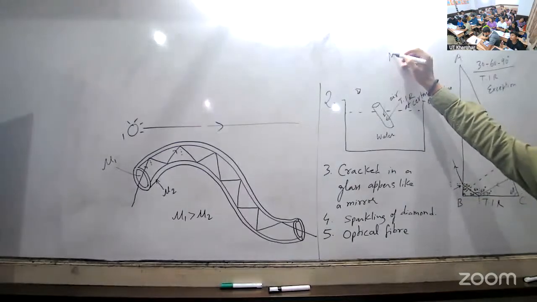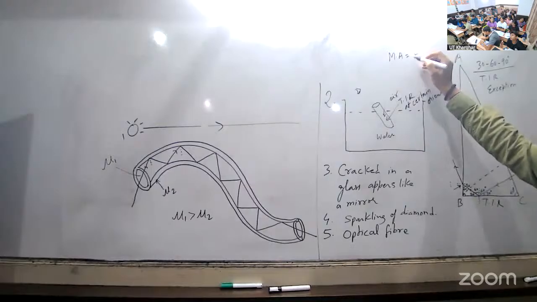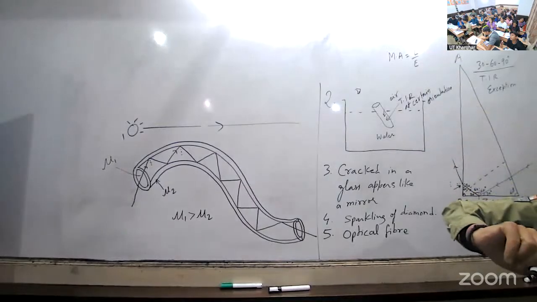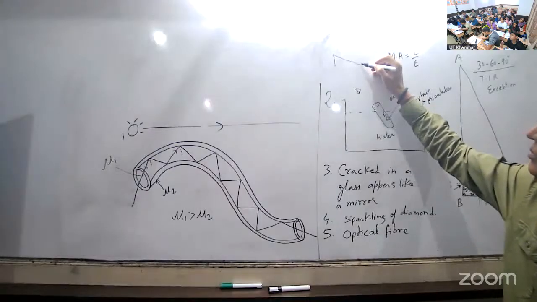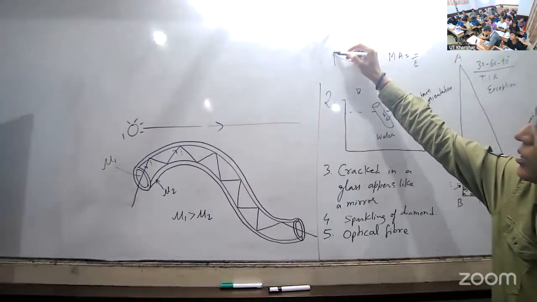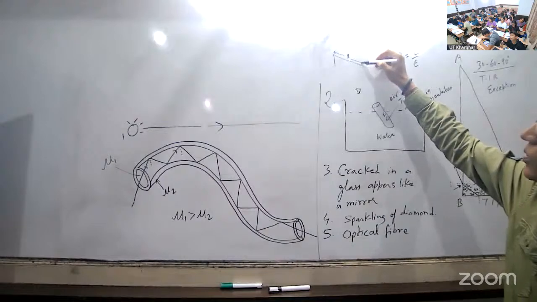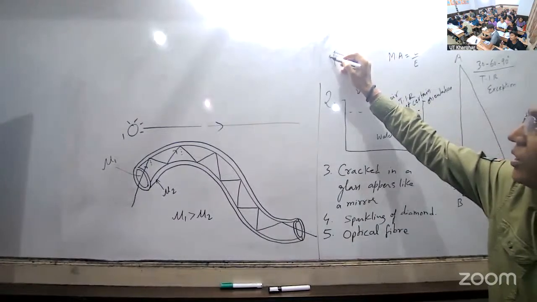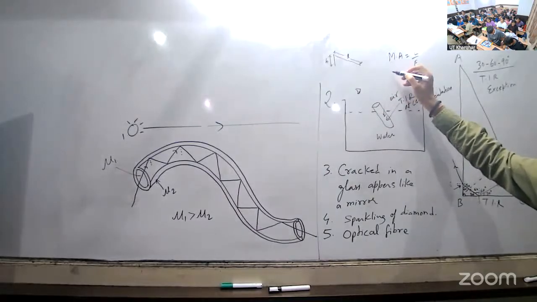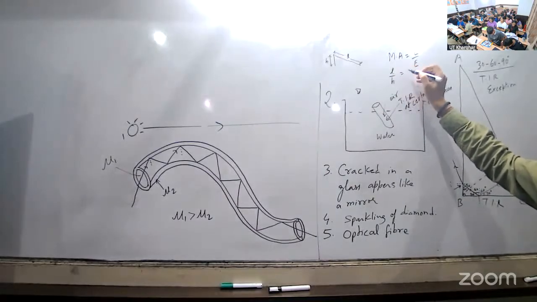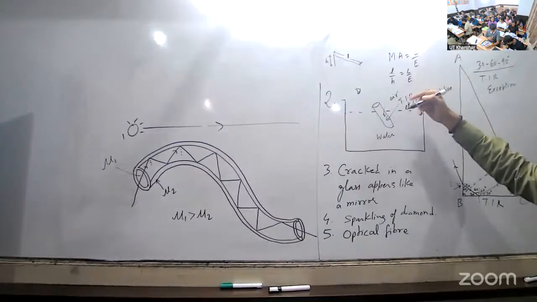MA of an inclined plane is equal to load upon effort. For an inclined plane, the MA is the length of the inclined plane over height, so L by H. So what is E therefore?